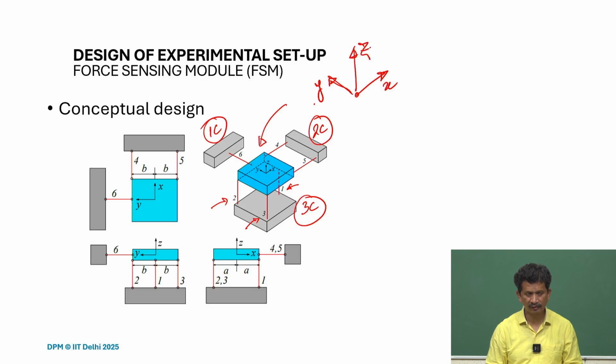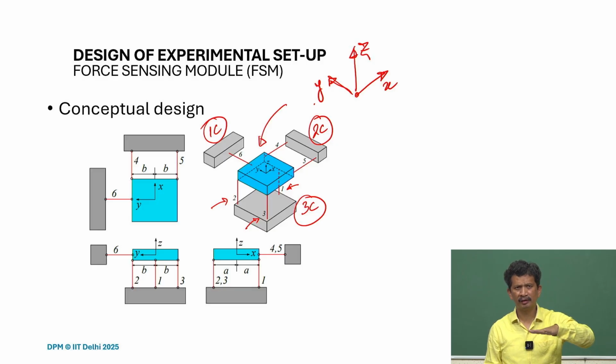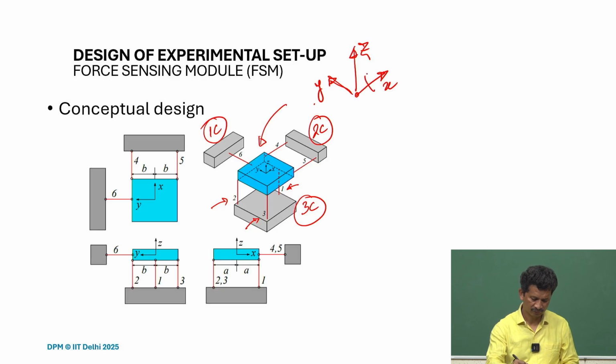What we see along the z direction, we have 3 constraints. So as we know, if we have 3 constraints in the z direction or from the bottom, it supports the floating platform and constrains it in a plane. Constraining in a plane means it can move only in the xy plane. So the z translation is constrained, x rotation and y rotation both are constrained. So we can even talk about this.